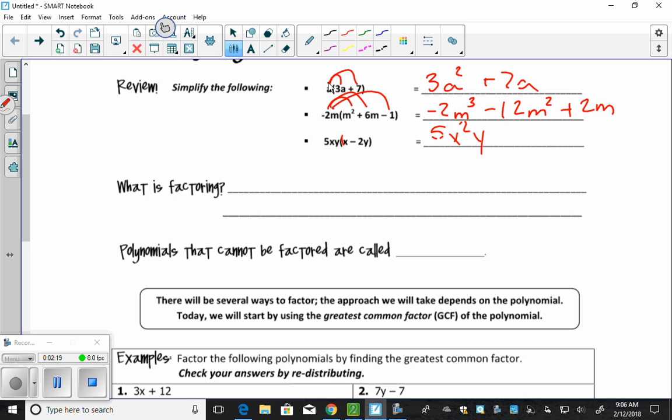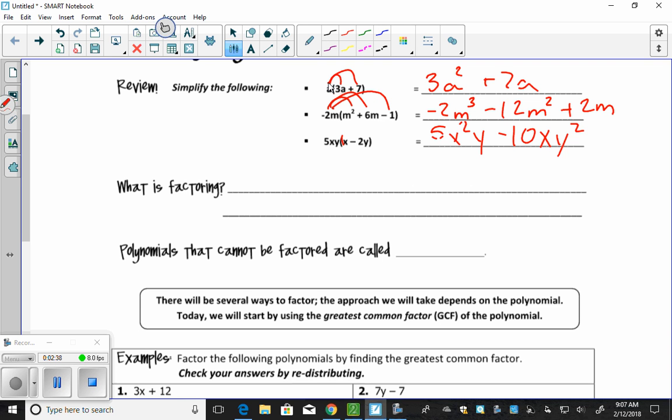So what's 5 times negative 2? So minus 10. Is there an x to multiply? So you leave it as x. y squared. Okay, so this is simplifying polynomials.